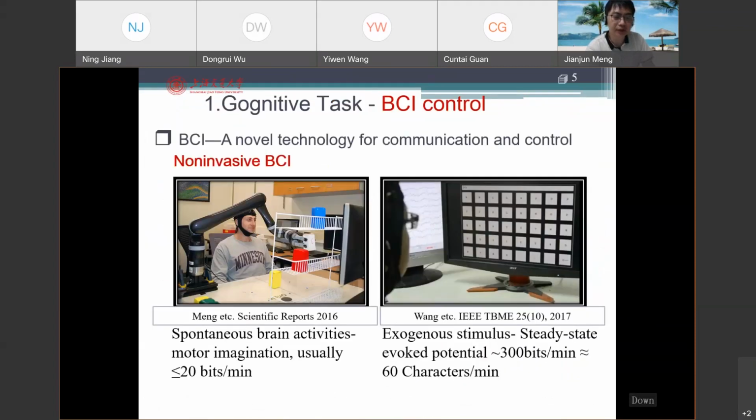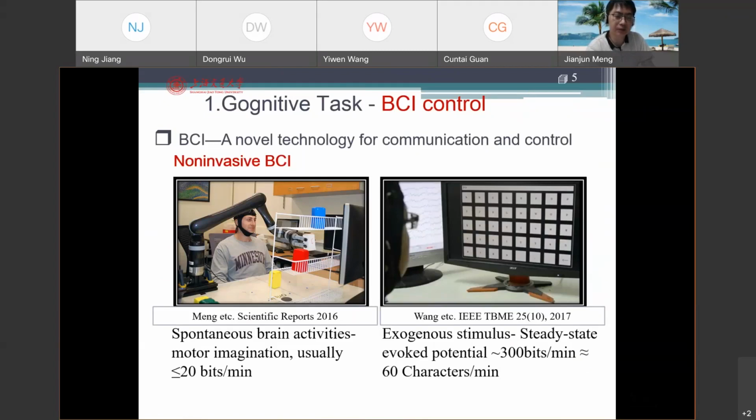Next, I'll give a brief introduction about the brain-computer interface. BCI is a novel technology which can directly decode a person's intention from his or her neural signals.